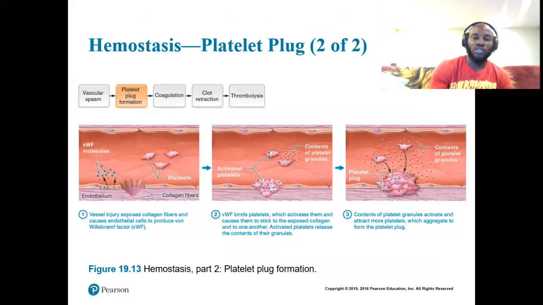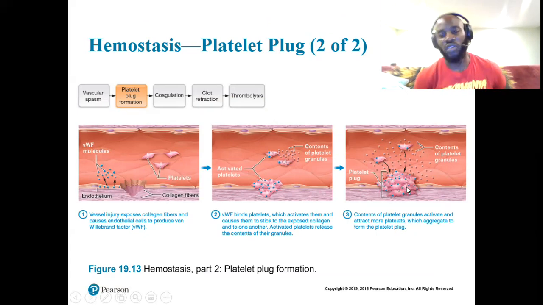So you'll see here the endothelium. That's the surface of the structure of the blood vessel. It releases this von Willebrand factor, which binds to platelets, which bind to that area and attract other platelets. They get sticky and clog that area, and now blood can't get out of that broken area.